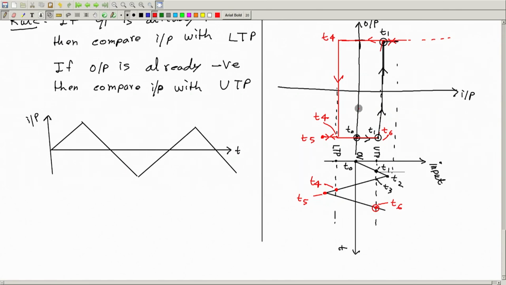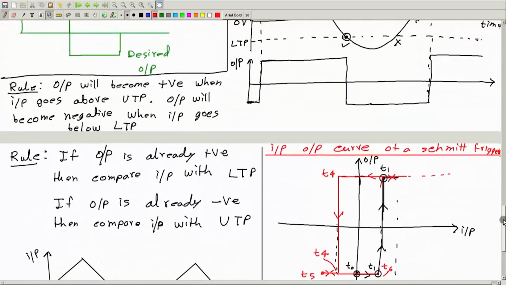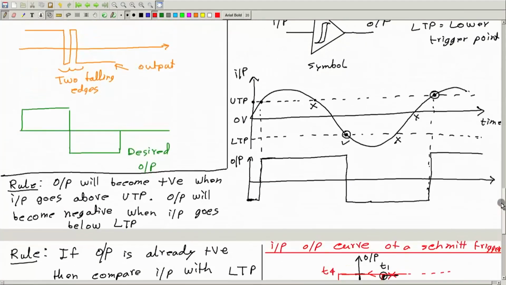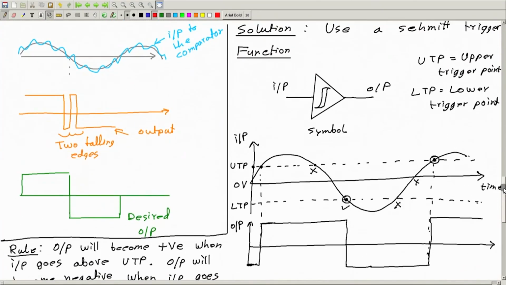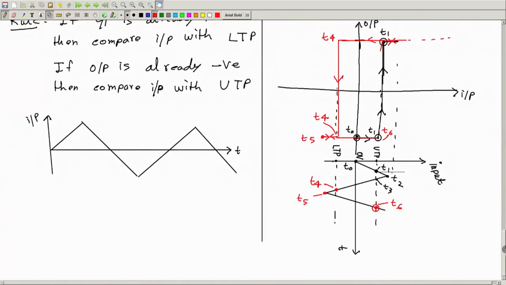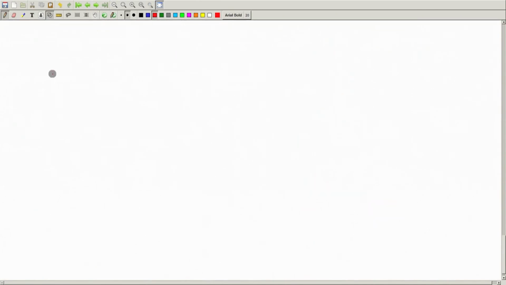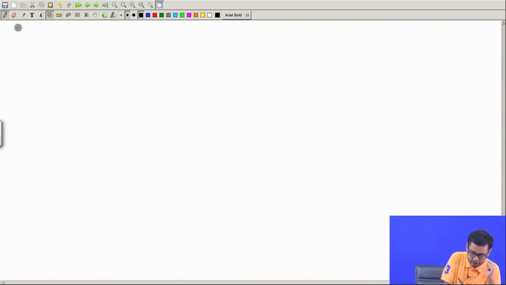Now, next thing is, okay, not next thing, this is most important thing. Also let me take a quick exercise. So a small exercise for you. Can you draw the input output characteristic of a comparator?